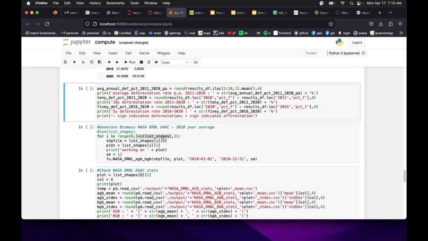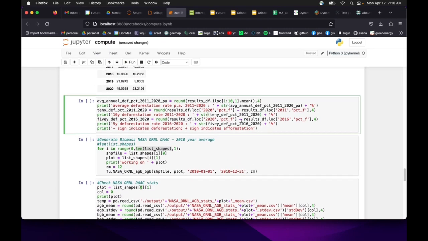The next piece here is looking specifically into the 2020 files, 2016 files, etc., and deriving the difference between 2020 and 2011, 2020 and 2016 to get the 10 and 5-year deforestation rates and the average annuals.